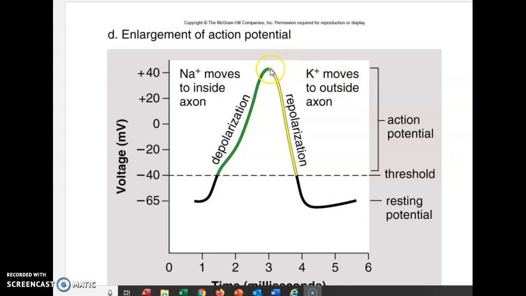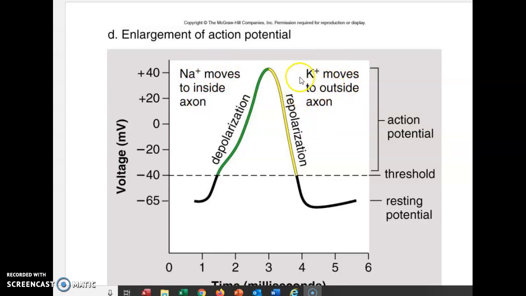So now potassium starts leaving the cell, and if a positive ion leaves the cell, our voltage starts dropping again. Here we see repolarization: potassium started leaving the cell through potassium channels, because there are always potassium voltage channels near the sodium voltage channels. They're separate channels, but they're always near each other.